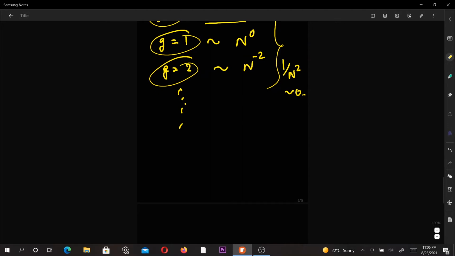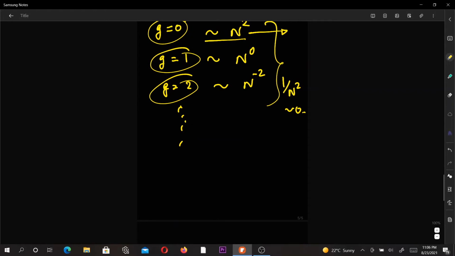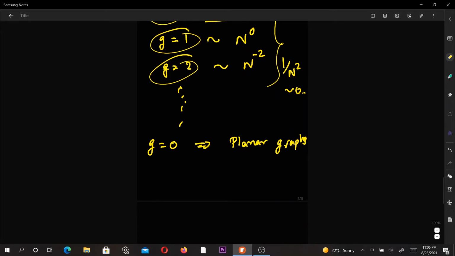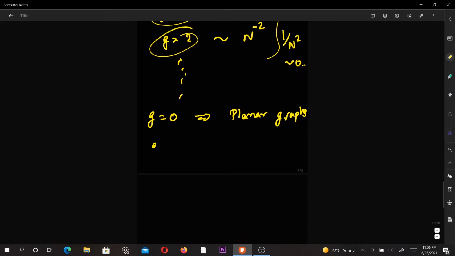So what is happening here? If you take the large N limit, the genus 0 contribution dominates over any other contribution. Genus 0 graphs are called planar graphs. So the planar graph contribution triumphs over any other genus contributions, and genus 1 or genus 2 are just corrections.